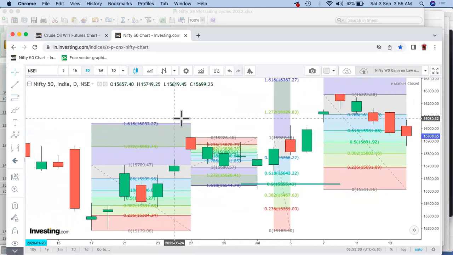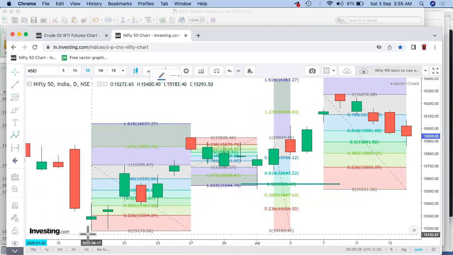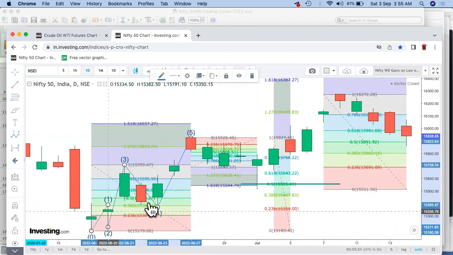Again, in terms of Elliott wave, if we try to join points, this was my 0, this was my 1, maybe 2, 3, 4, 5. Why we have considered this is hardly some time period.